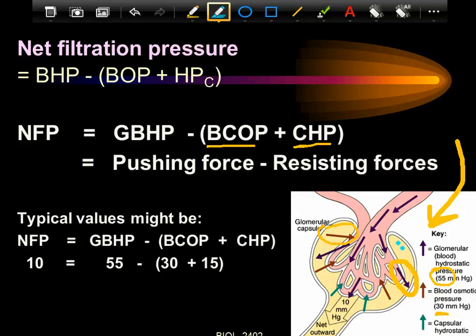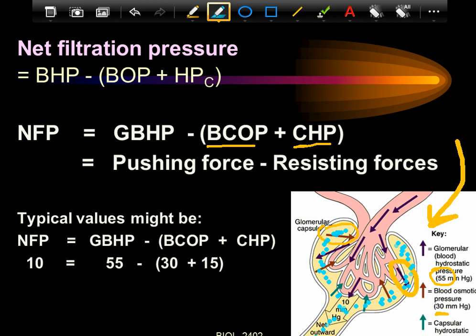So the plasma, I make it in blue dots here, starts collecting inside the capsule as it gets moved across. And as more and more fluid accumulates, now some of it, of course, is just going to go down the proximal convoluted tubule, but a lot of it starts collecting in this capsule, and that causes a pressure increase out here in the capsule. And that's the capsular hydrostatic pressure.